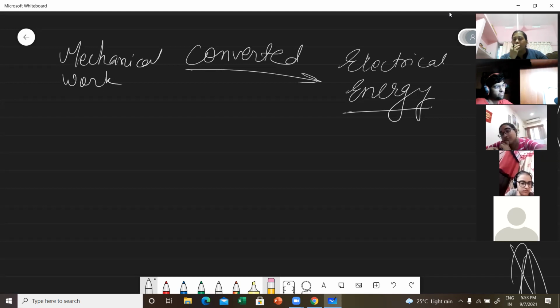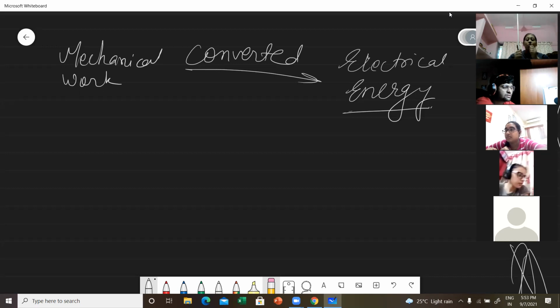Have you ever lit a matchstick? Yes. It is not electrical, but I am just saying it afterwards. Just like a matchstick, you are using mechanical work. Similarly, in our olden days, you have learned that our ancestors rubbed two stones, which produces heat energy.